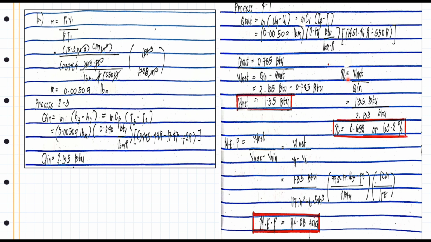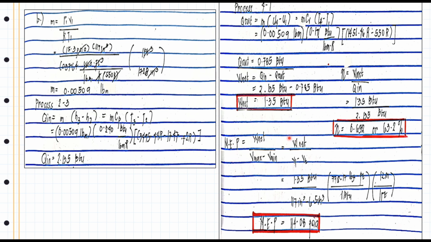Efficiency is equal to Wnet over Qin. So we have 1.35 BTU over 2.135 BTU. So our efficiency is equal to 0.632, or 63.2%.